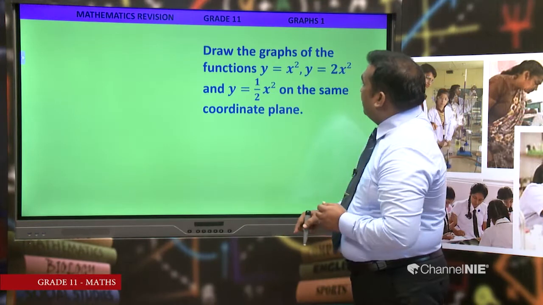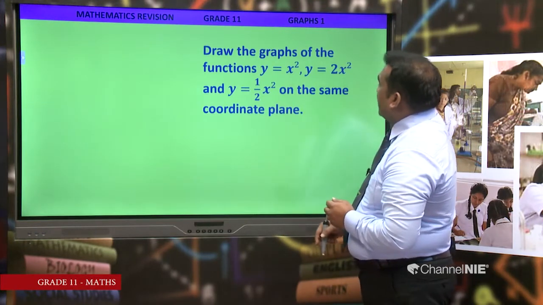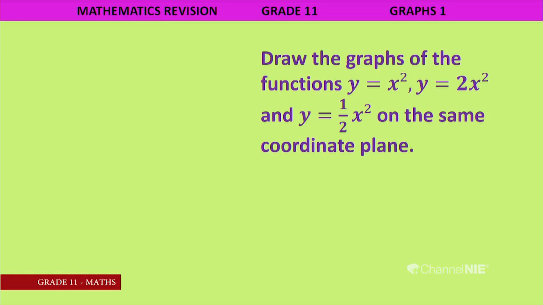Draw the graph of the functions y equals x squared, y equals 2x squared and y equals half x squared on the same coordinate plane. You can consider x coordinates as -3 to +3. Using those values you can find out the y coordinates. We will see the graph.